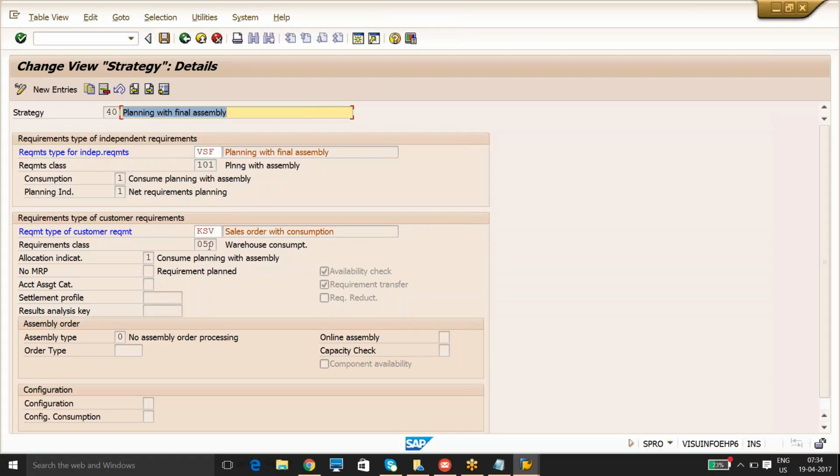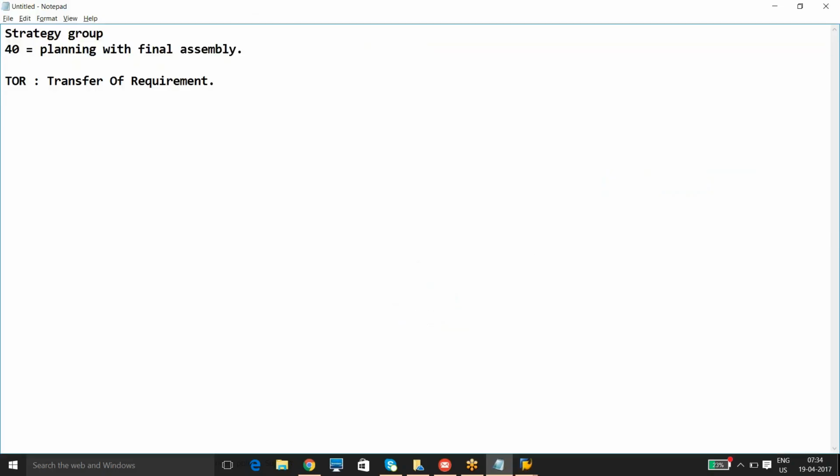Okay, so this requirement class has come where it is speaking about warehouse consumption. Now we will take the example of a laptop again. When an order has been received, I'm saying a sales order now because we know it's a firm order, my major responsibilities will be two.